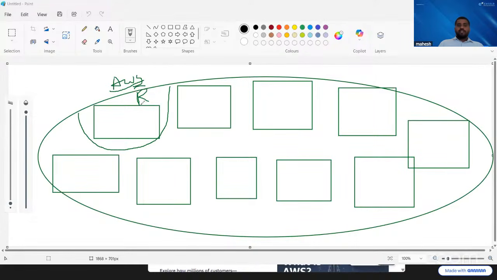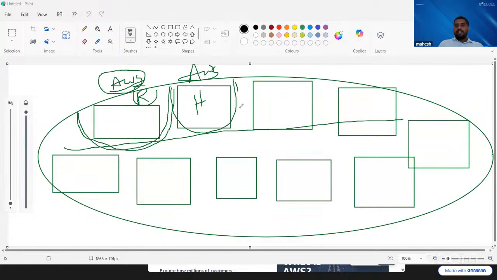What is a region? An AWS region is nothing but a geographical area on the planet, some space occupied by the AWS platform. When I say the Hyderabad region, some of the space in Hyderabad is occupied by the AWS platform. Hope it is clear to everyone. So AWS data centers are divided into multiple regions.